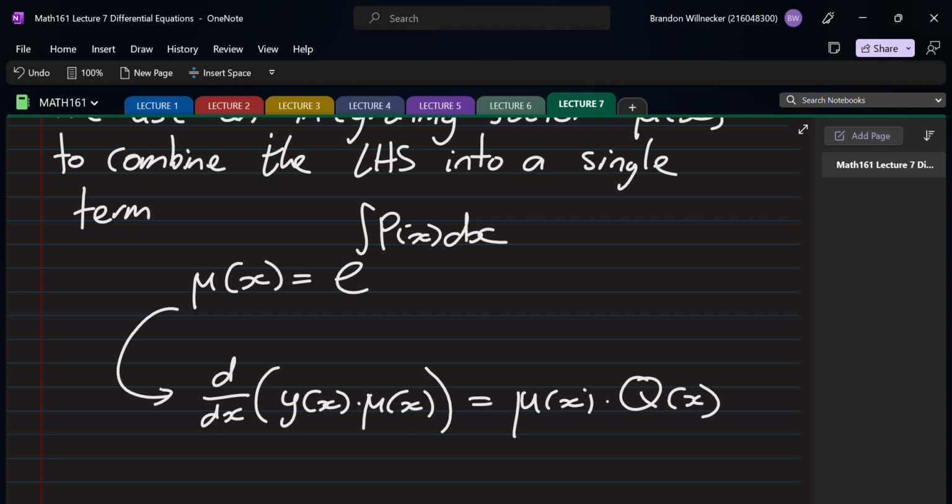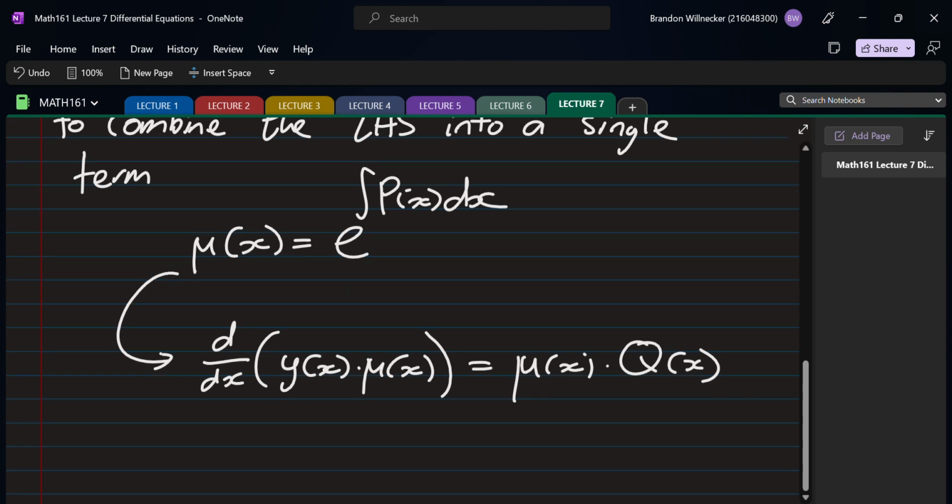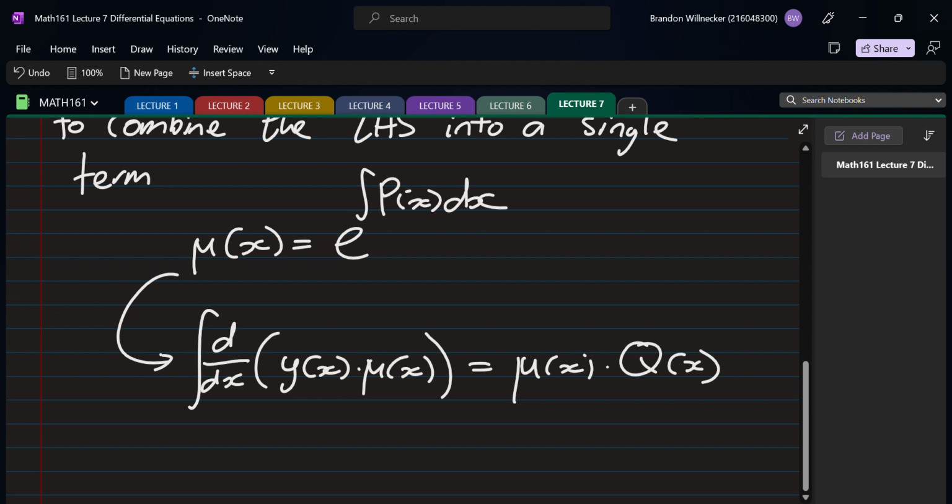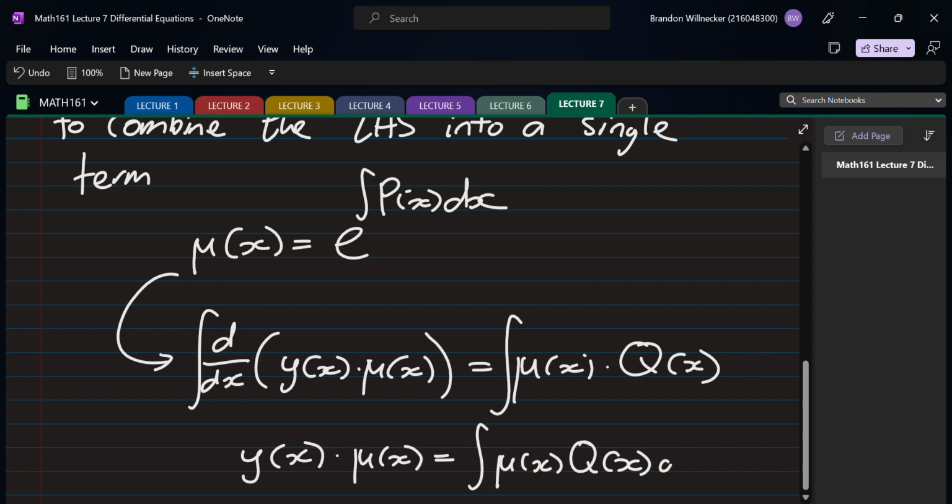Okay. Now, using the fundamental theorem of calculus, we can just integrate both sides. The integral and the derivative will cancel. So we're left with y(x) times mu(x) is equal to the integral of mu(x) times q(x) dx plus c.